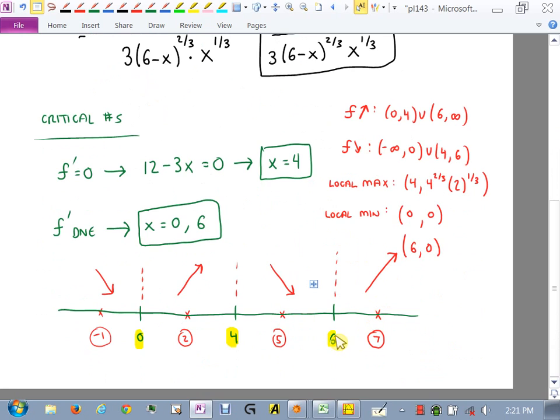That totally eliminates 6 as being a local min? Thank you for pointing that out. So change this. 7 is negative. Scrap your local min. Man, that changes everything.